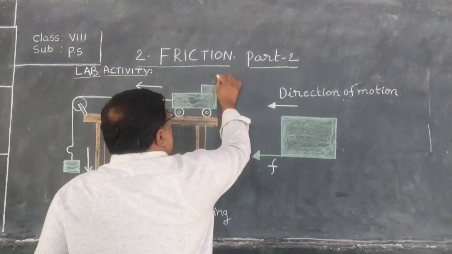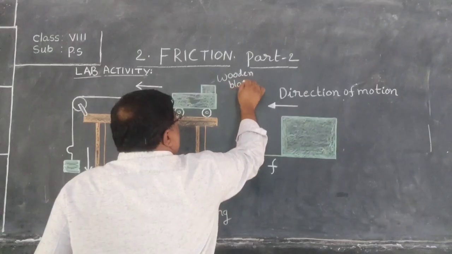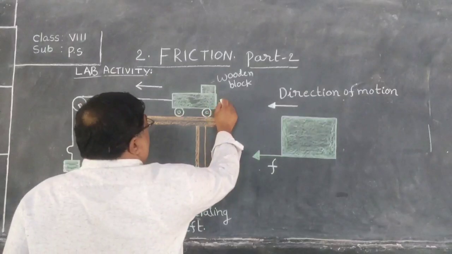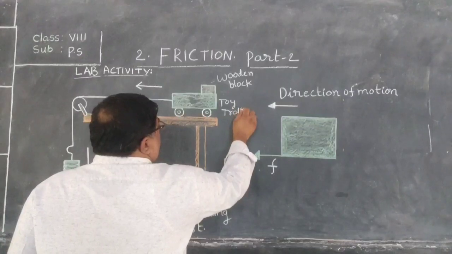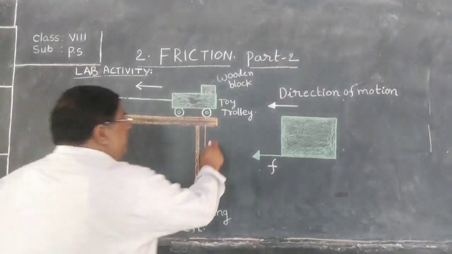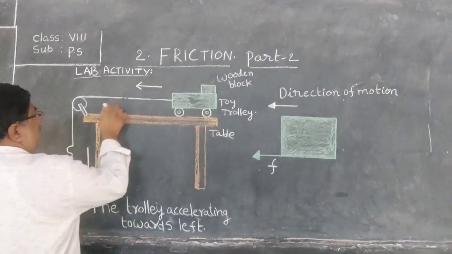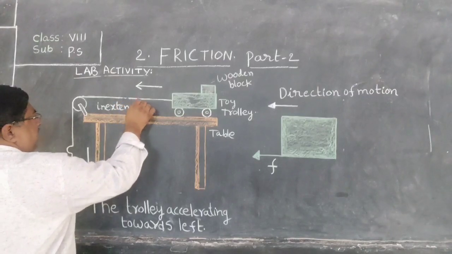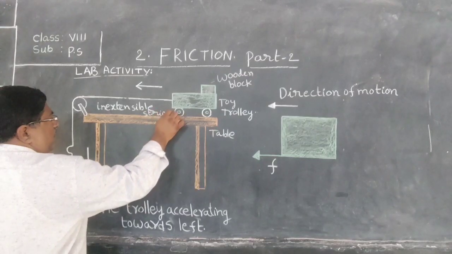So this is called the wooden block. Next, this is called the toy trolley. Next, this is called the table. This is called the inextensible string.